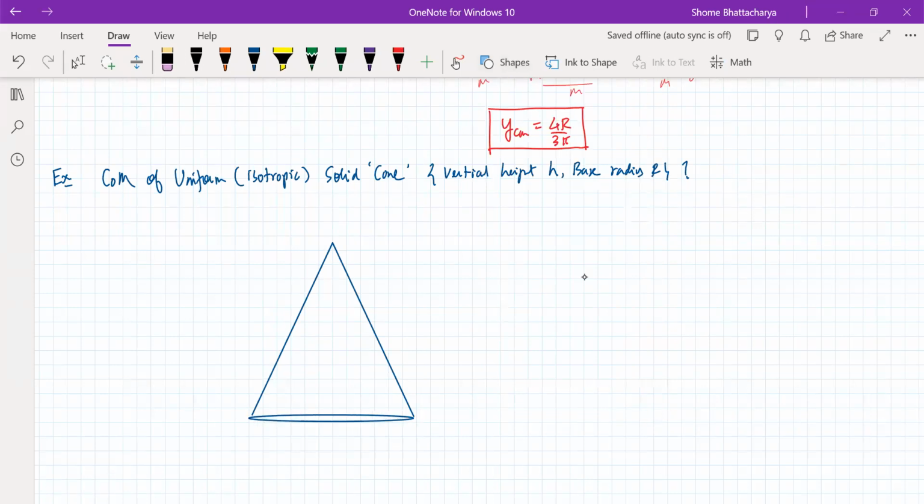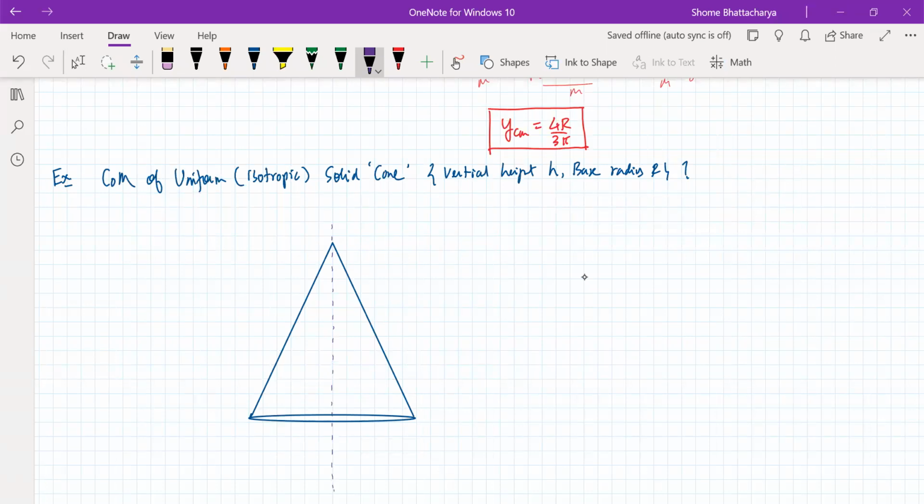So let's say the base is the xz plane and the vertical axis of the cone is the y-axis. Then we will slice it using a plane parallel to the plane of the base, which in this case is the xz plane.